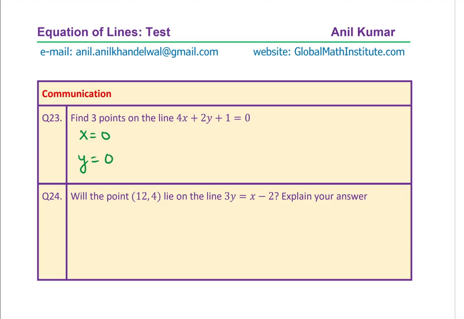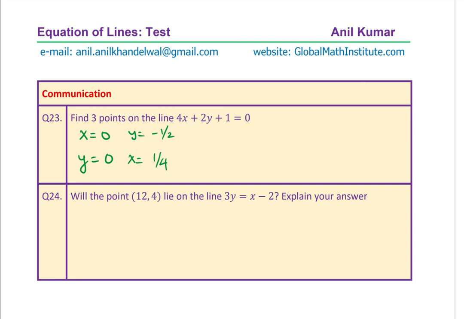So if I put x equals 0, I get the y value, which is minus half. I would like you to do these calculations, but if I put y equals 0, I can get the coordinate point for x, and x will be equal to what? x will be 1 by 4. You get the idea, right?